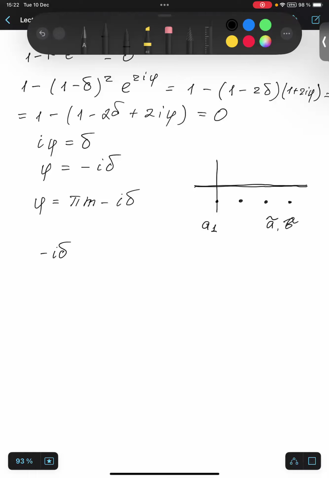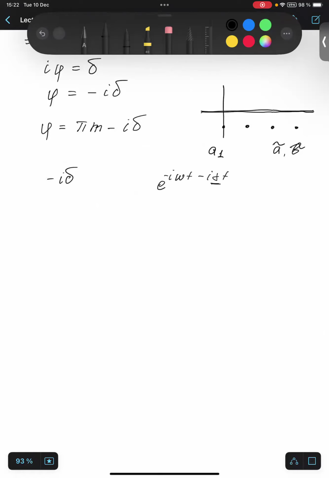Maybe you remember the oscillator, maybe you solved some problems even in bachelor, and you obtained something like minus i omega t minus i gamma t. This gamma is just the same as the decay rate.